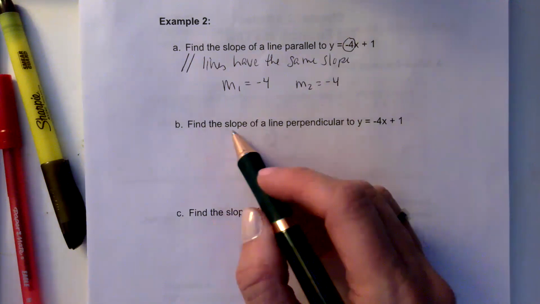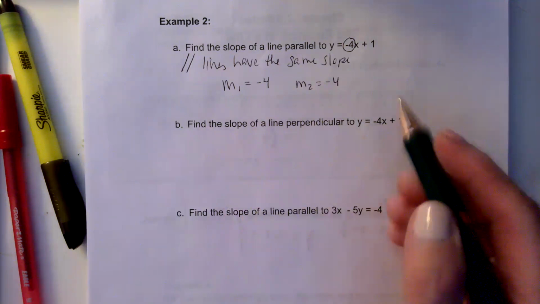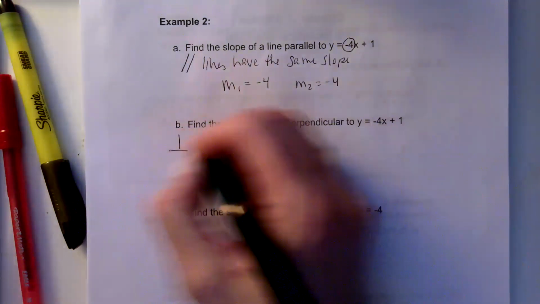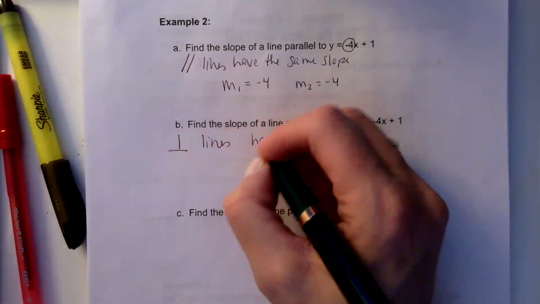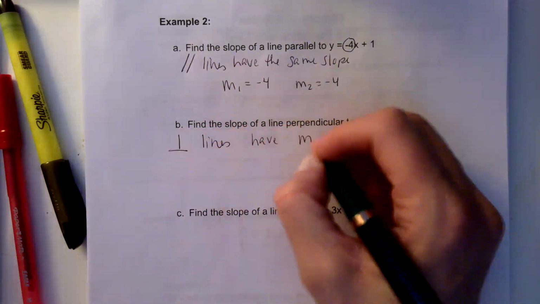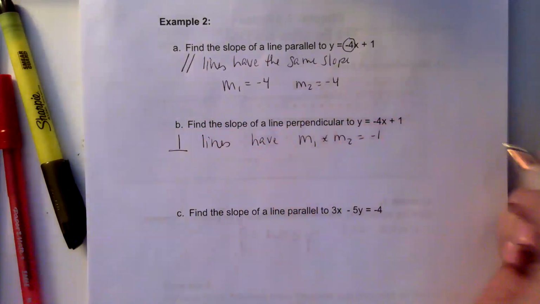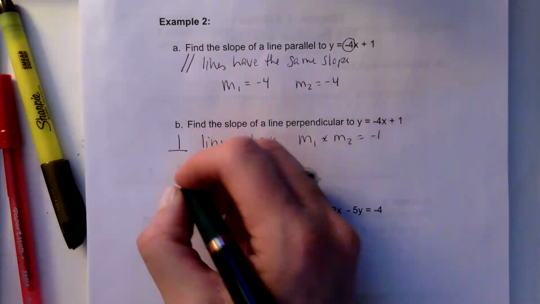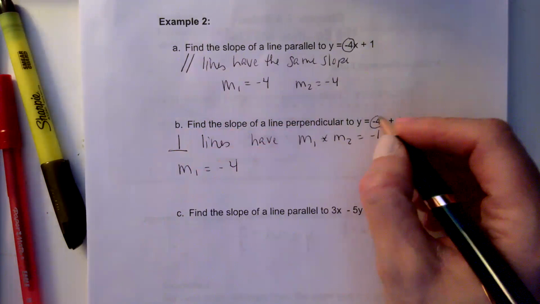Now it says find the slope of a line perpendicular to that same equation, y equals -4x. So perpendicular lines have slope 1 times slope 2 equals -1. So we already know slope 1 is -4 right here.